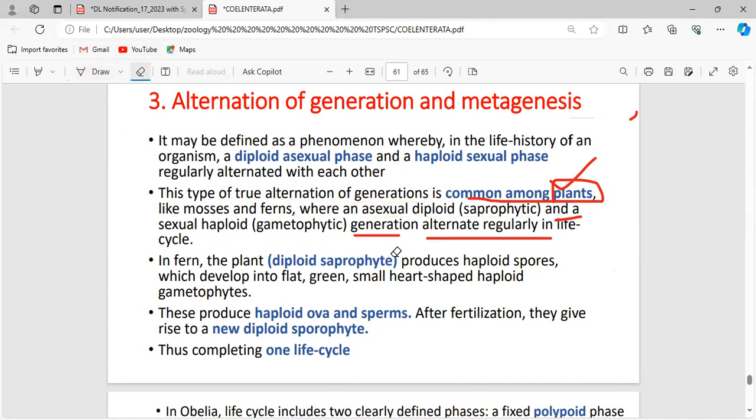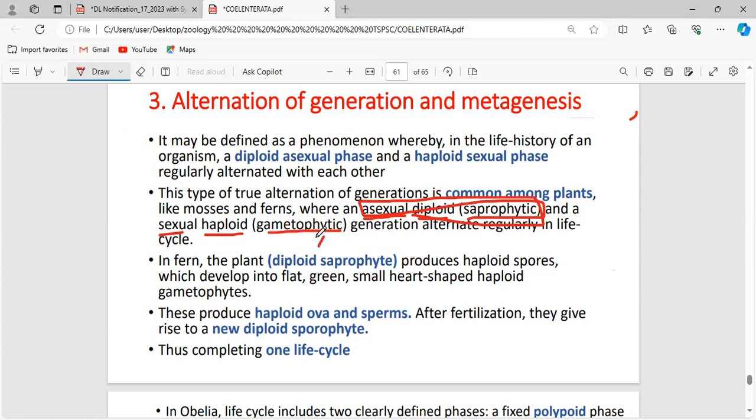In plants, what does a true alternation of generation mean? See, the asexual diploid sporophytic, and a sexual haploid gametophytic. Why is it said to be gametophytic? Because male gamete and female gamete will be involved here.